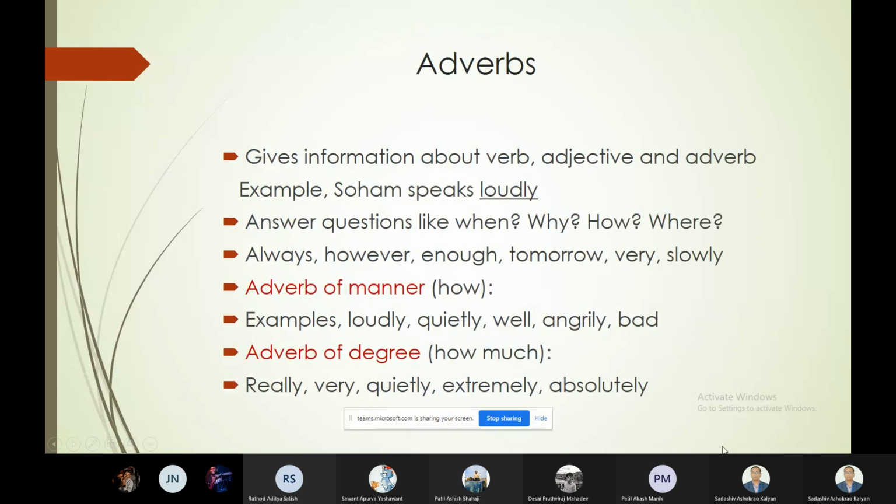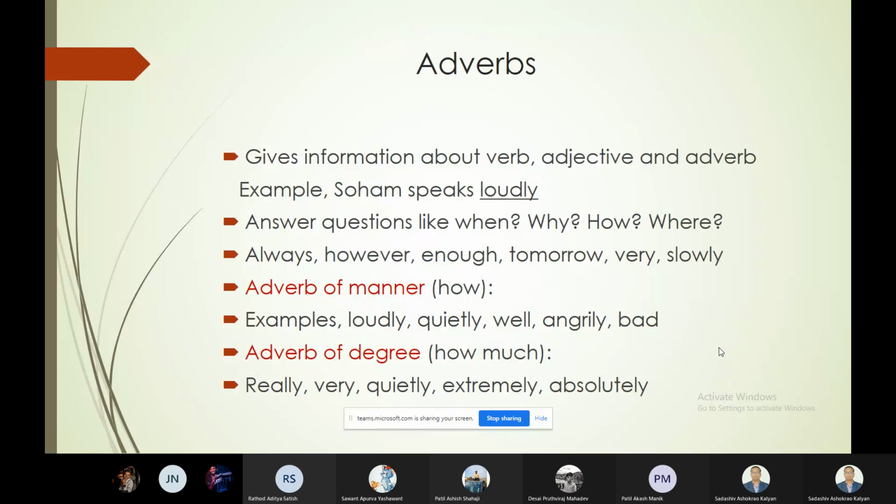Then after studying the adjective, we have another very important part of speech, that is the adverbs. Adverbs are also trying to give us more and more information about the adjective, about the verb, and about adverbs also.